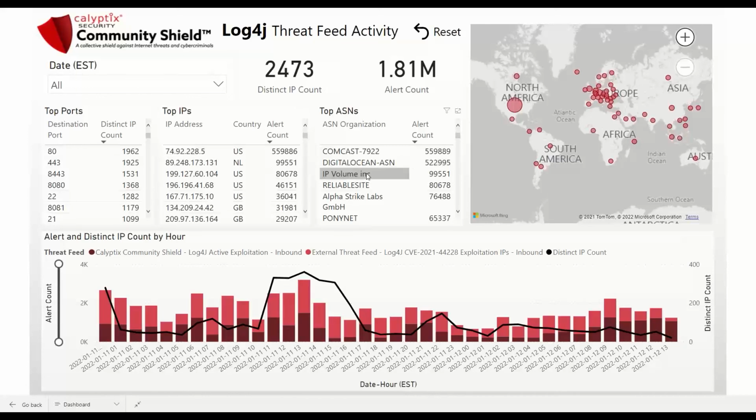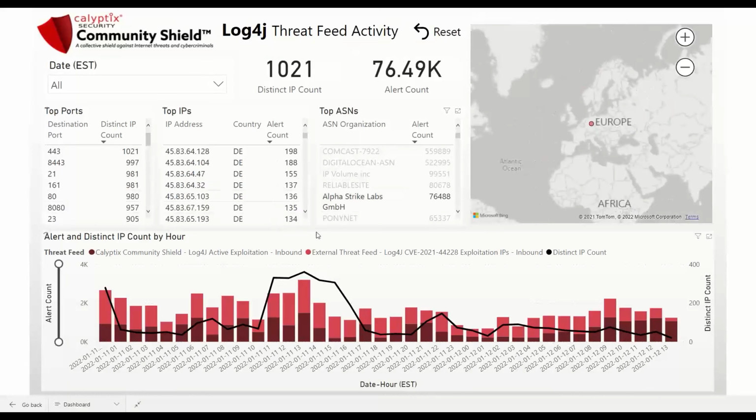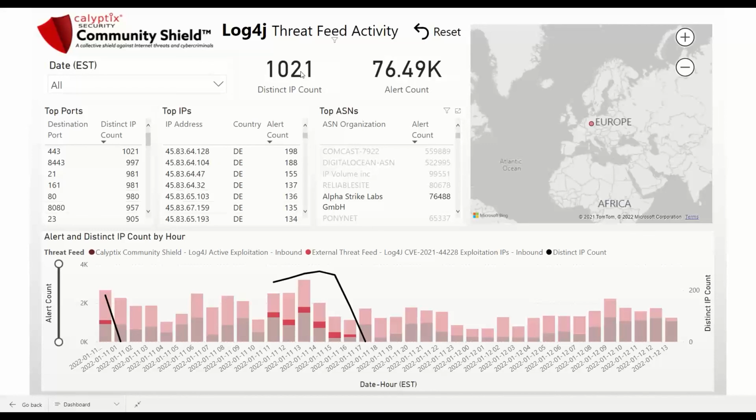So I want to show a couple things that jumped out to me when I looked at the data. The couple things was looking at the different types of infrastructure. So Alpha Strike is the research scanner that Lawrence mentioned. They've got a vast number of IP addresses they're using and scanning against all kinds of ports.